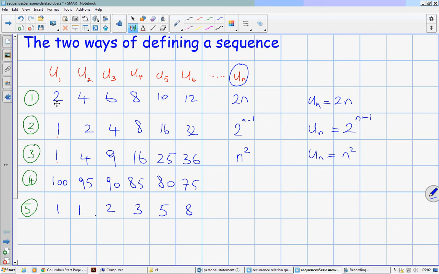Okay. And then this one, anyone think of an nth term? Un equals 105 take away 5n. 105 take away, well done, 105 take away 5n.